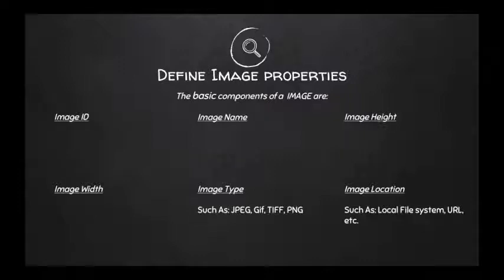So your image location could be a database. It could be a file system. It could be a link to another website. It could even be a link to Dropbox or some other location. Your image types, this is kind of interesting because without this, you would have to look at your image location, and you kind of have to guess as to what the image is. In some cases, knowing the image type helps you render the image correctly.